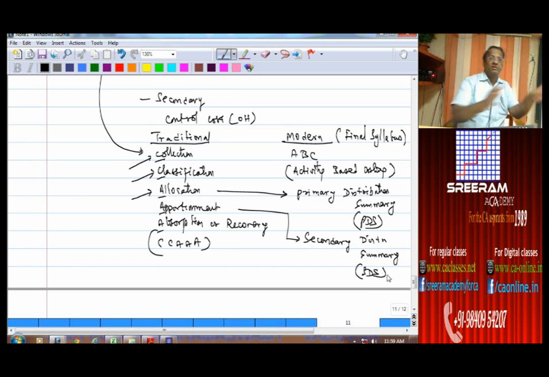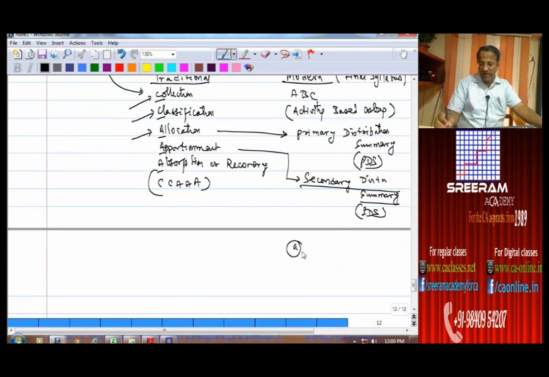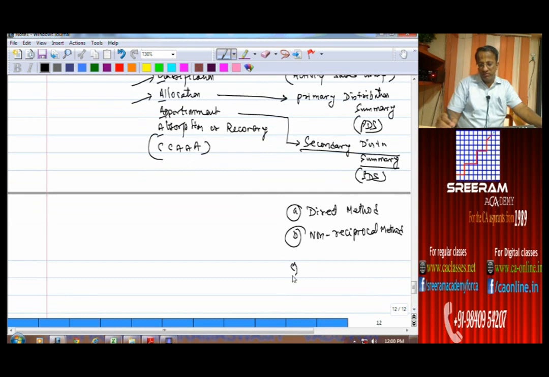They are to be taken to production departments for linking to the units that they produce. This is the secondary distribution summary. Under that we have A, direct method, B, non-reciprocal method, and thirdly, reciprocal method.